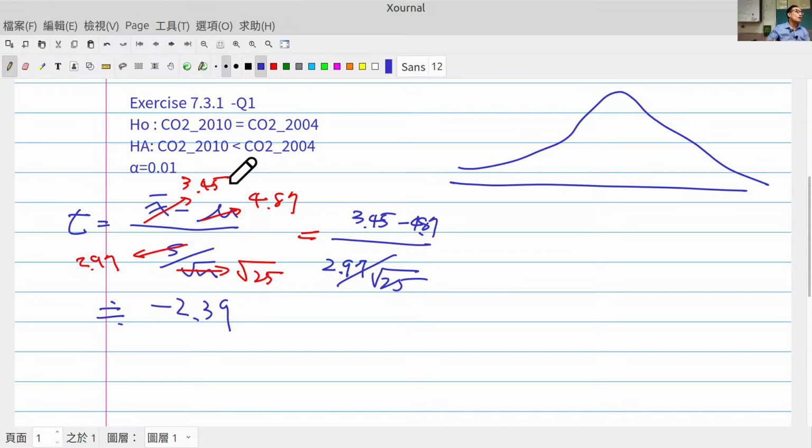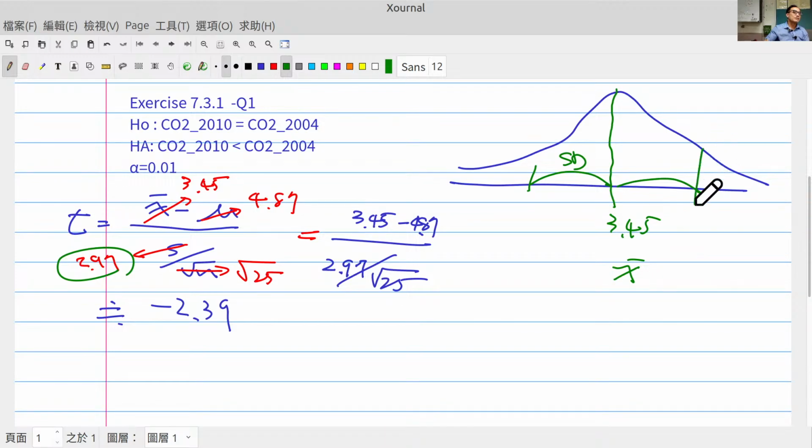And here, our sample mean is 3.45. You can consider the mean here, 3.45 is the sample mean, and the standard deviation is close to 3. Okay, we can see plus 1 standard deviation, minus 1 standard deviation.